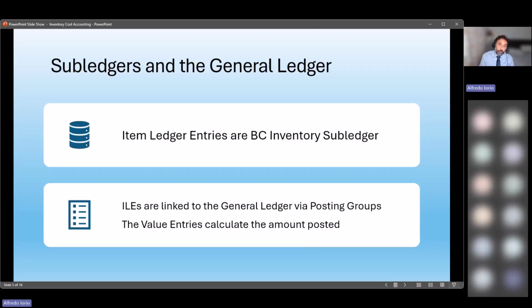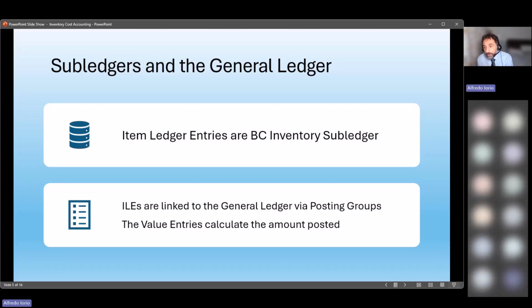So the posting group determines which nominal ledger or general ledger in your company's or your client's chart of accounts is used to register the actual cost. Again, balance sheet, income statement, variance, doesn't matter. Everything flows through the general ledger via the posting group, but the calculation, the amount that will be posted to the general ledger, is determined or calculated by the value entries.